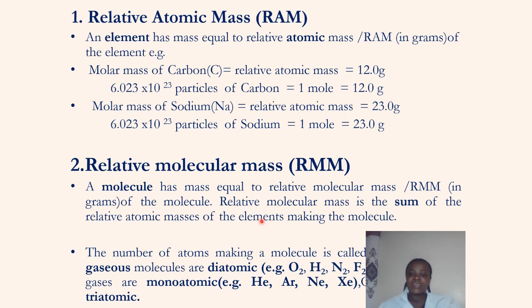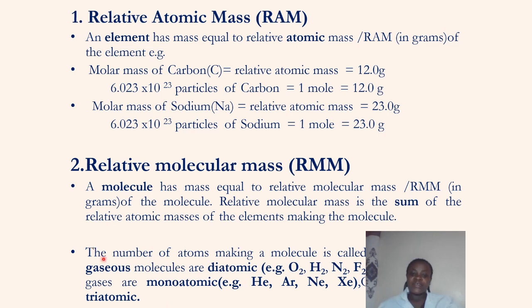We get it by finding the sum of the relative atomic masses of the elements making that molecule. So if we have two elements, we get the relative atomic mass of each element, then we get the sum, and that gives us the relative molecular mass.